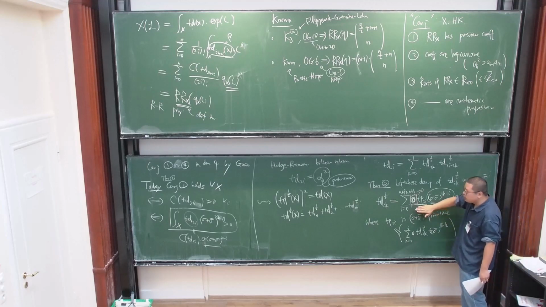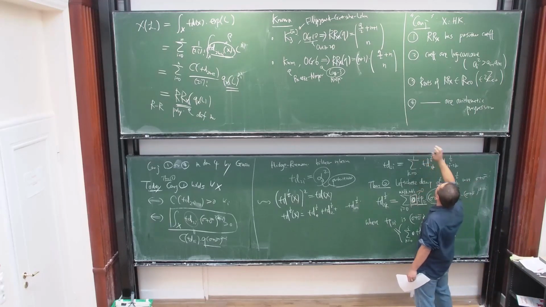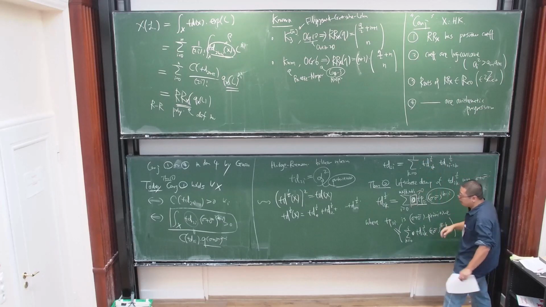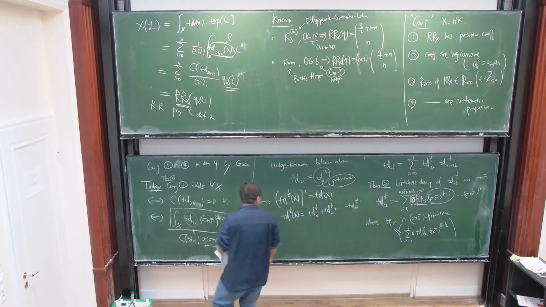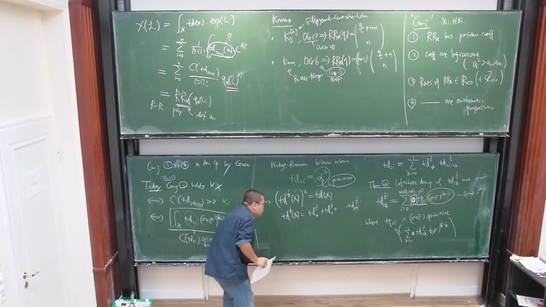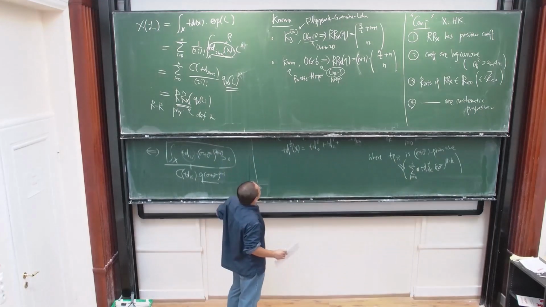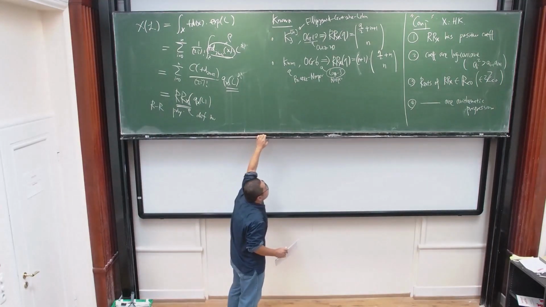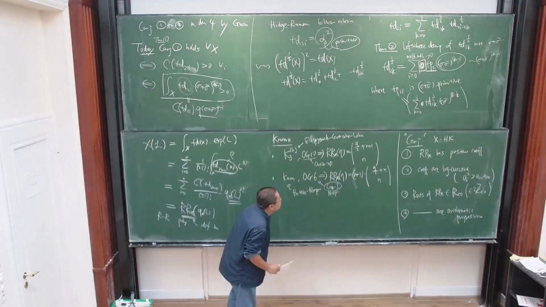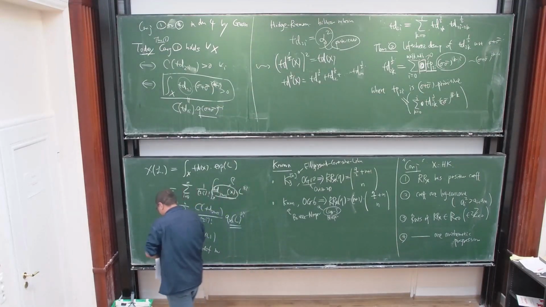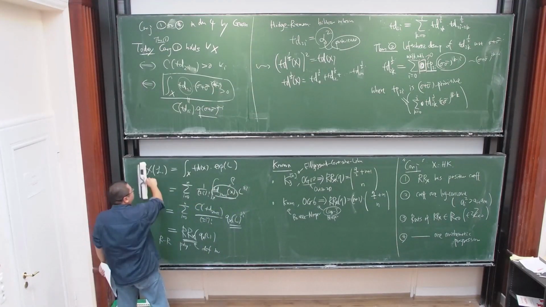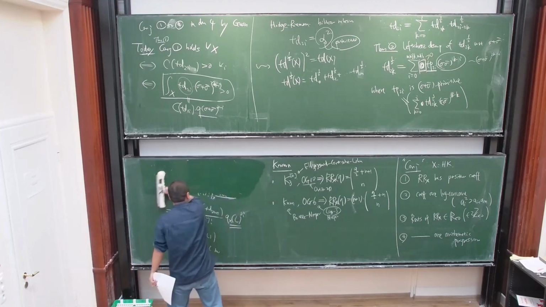So as long as we know this is true, then actually we are done. We're done because you can just compute. This formula is very explicit, okay?